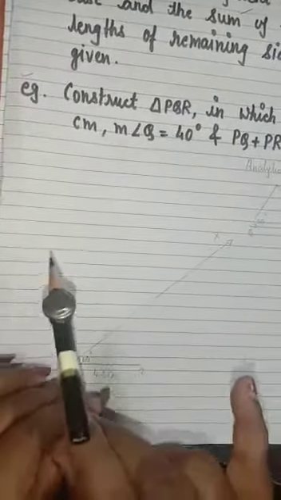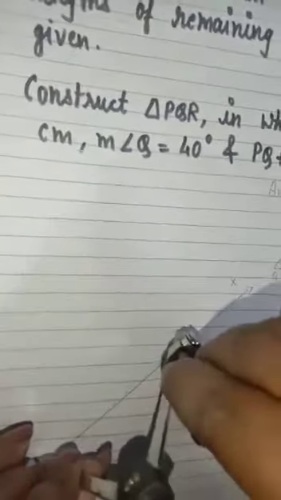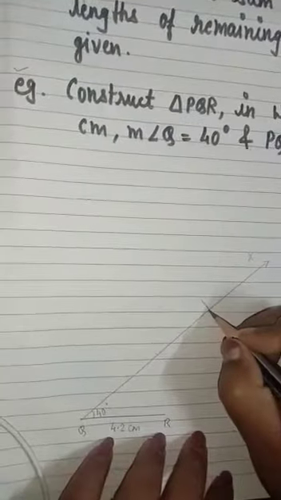This is 8.5. Now what I am going to do, I will put the still point of the compass on Q, that is our angle, and I will draw the arc on the ray. So this point we will name D. Okay.